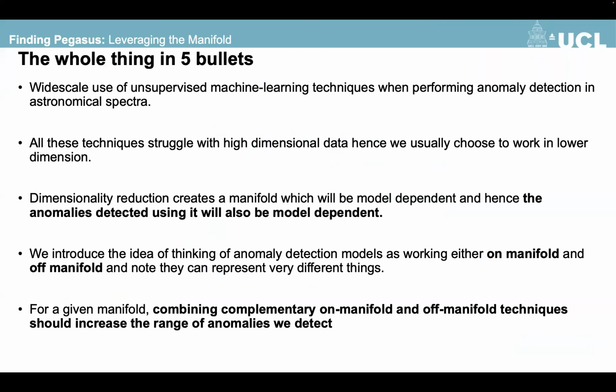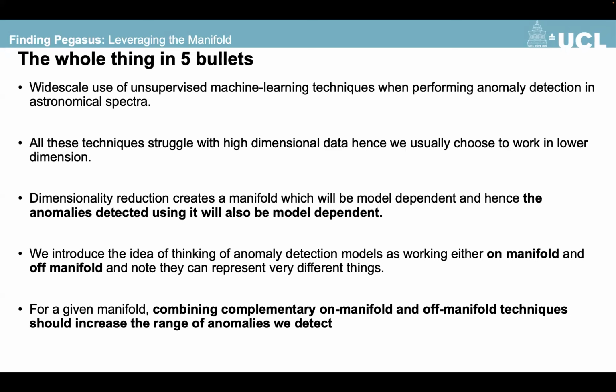So, the whole thing in 5 bullets, just in case you don't want to concentrate more than the first second or so. Collectively, there's wide scale use of unsupervised machine learning techniques when performing anomaly detection in astronomical spectra. But all these techniques struggle to a certain extent with high dimensional data, and we've seen that in a couple of presentations already. Hence, we usually choose to work in lower dimension.